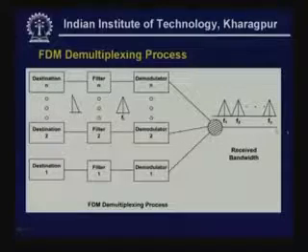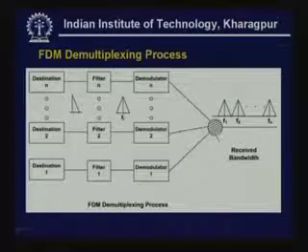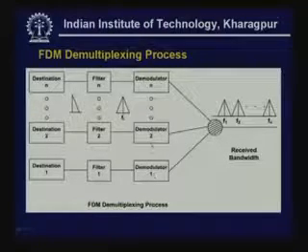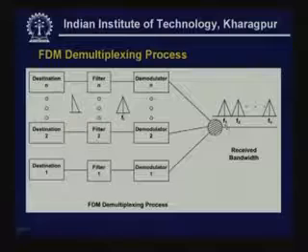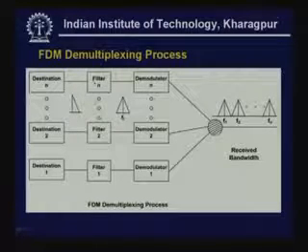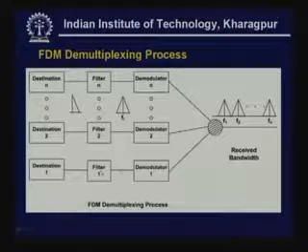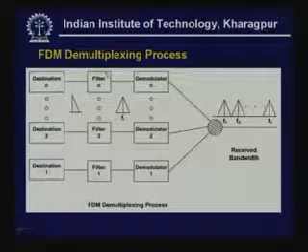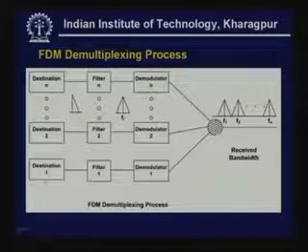As shown here, we receive the different signals F1, F2 up to Fn, and with the help of a demodulator they are separated out. Here the carrier frequency F1 is filtered, here F2 is filtered, here Fn is filtered, and then they are sent to different destinations.